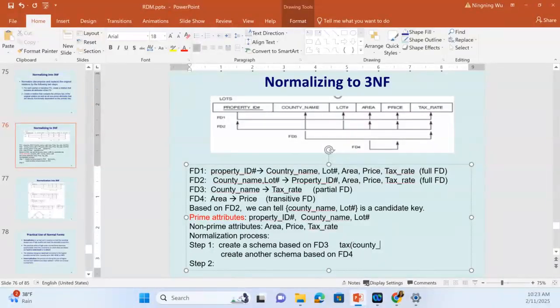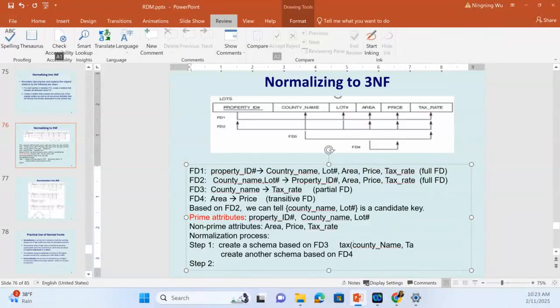It contains name and tax rate. Okay, so in this relation schema, the determinant will be the default primary key of this new relation.